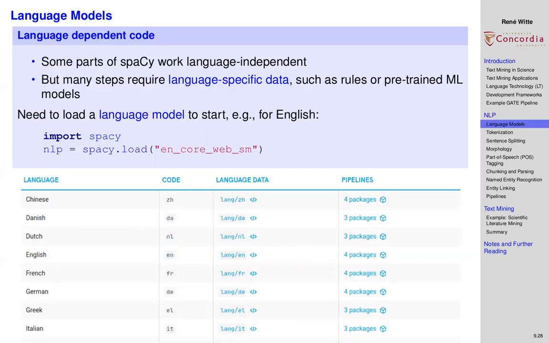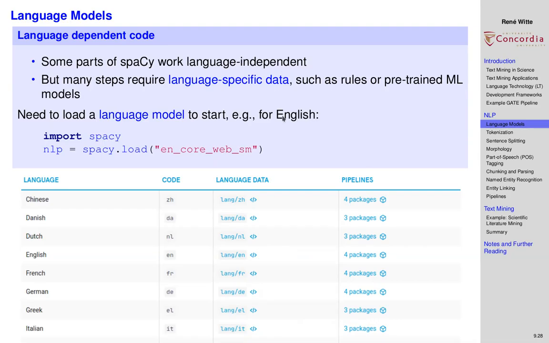So earlier I mentioned that some of the code that you work with in NLP is language independent. Reading Unicode characters from a file, it doesn't matter what language you're dealing with. But then when you do processing like part of speech tagging, it becomes language specific. So in spaCy, you have to decide what language you want to work on.